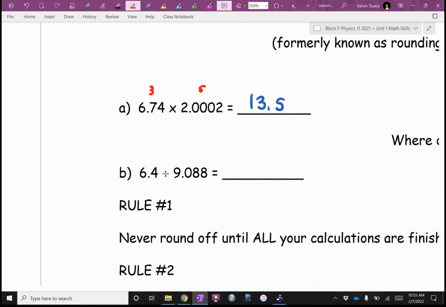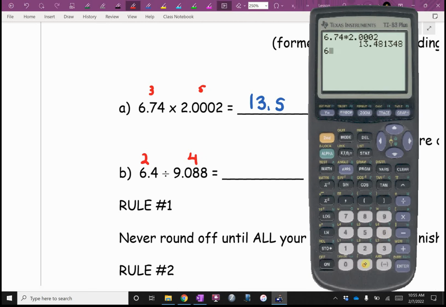In B, 6.4, how many sig figs? 9.0088, how many sig figs? 4. I'm going to go to 2 sig figs. I'm going to go to my calculator. 6.4 divided by 9.088, and I get 0.7042.